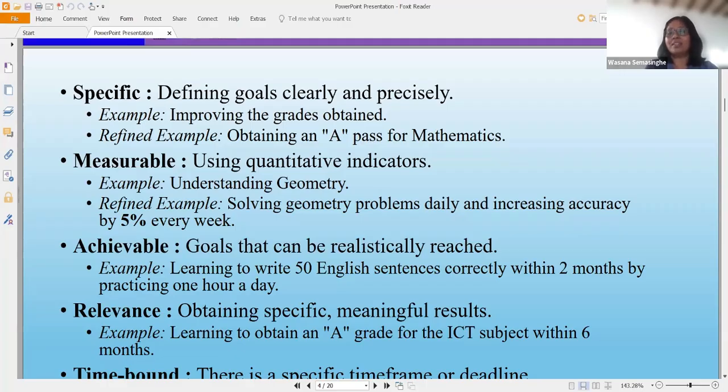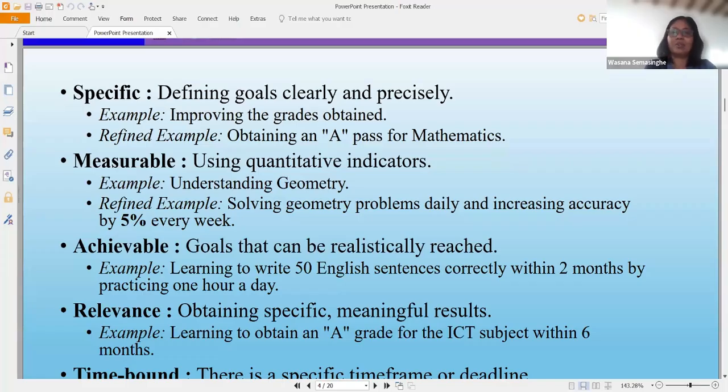Okay? In which grade? Up to which point? What is the subject? Okay? So we can make it specific by giving the real grade, obtaining an A grade. Which grade? A grade. For what? For mathematics. So that is specific.